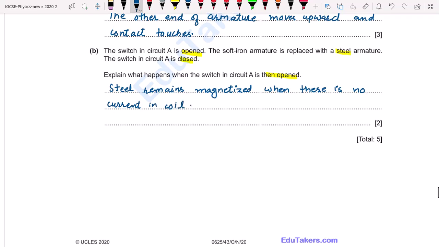The current in circuit B does not stop when the switch in the circuit A is opened.